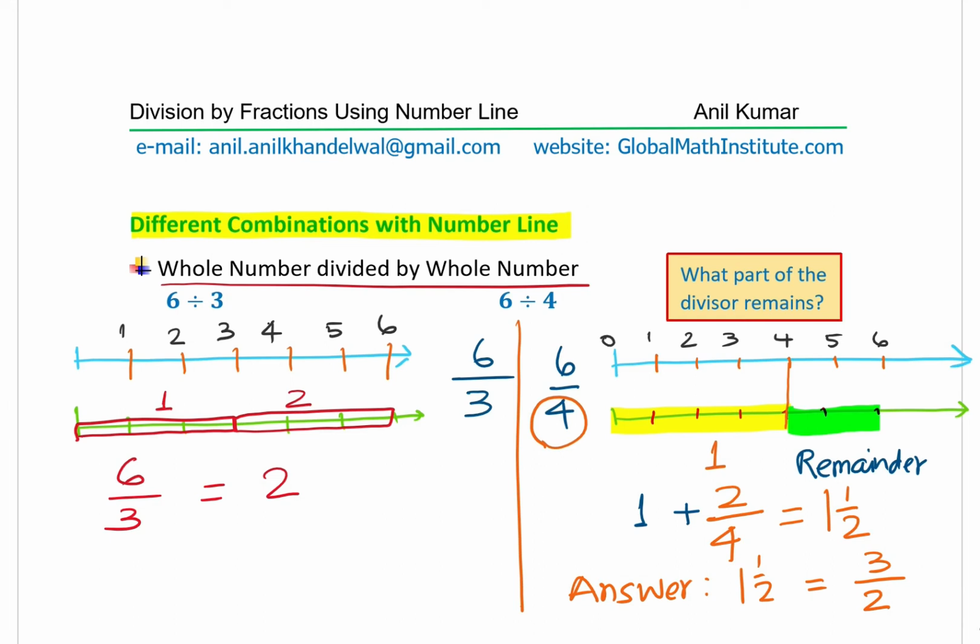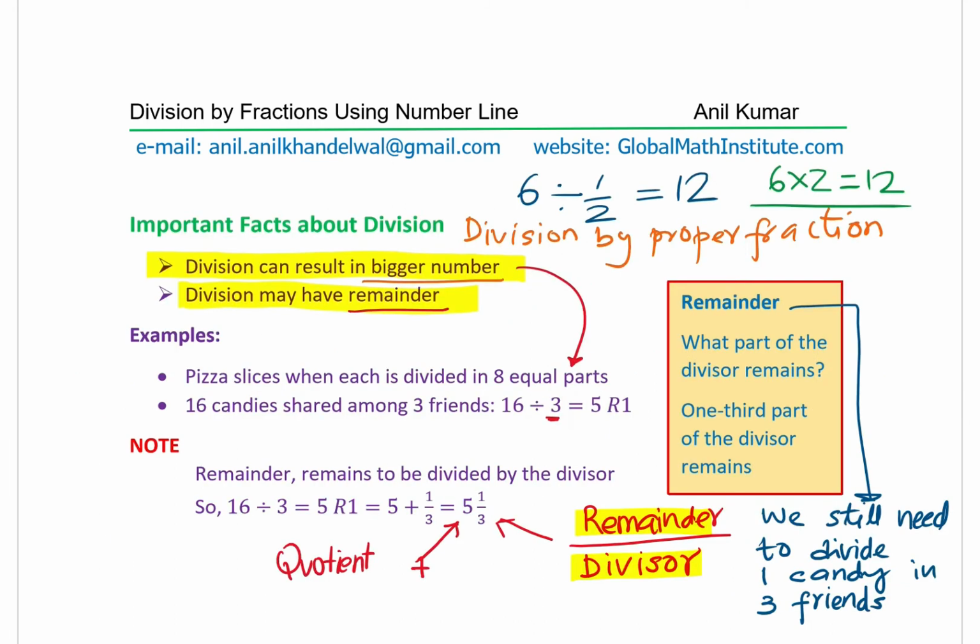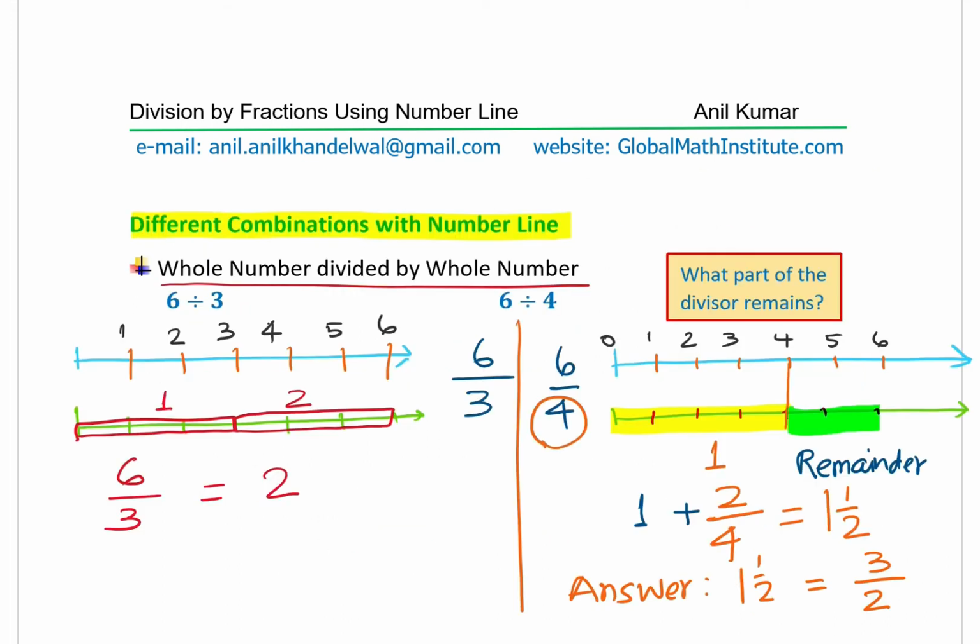And therefore, using the division statement, which we did last time, that was a critical part to explain, that 5 whole and 1/3, 1 out of 3, where 3 was the divisor. So here again, 4 is the divisor and what remains is these two. So we get our result 1.5.